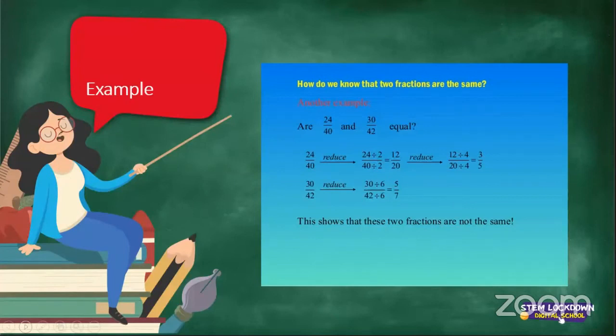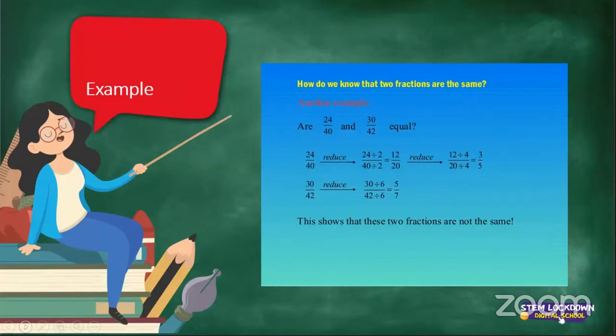Now we're looking at 30 over 42. We reduce it by dividing by 6. We know 6 goes into 30 five times, and also 6 goes into 42 seven times.